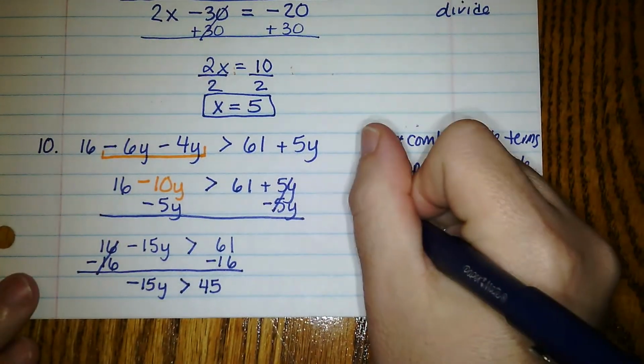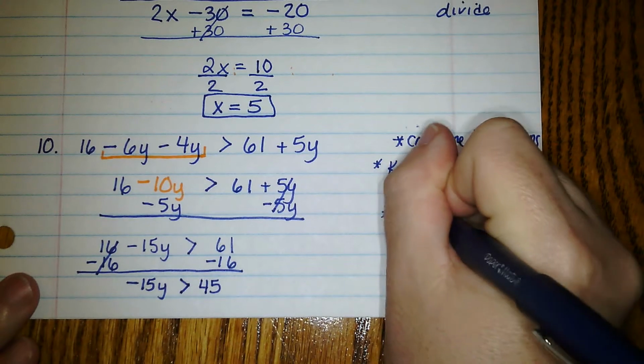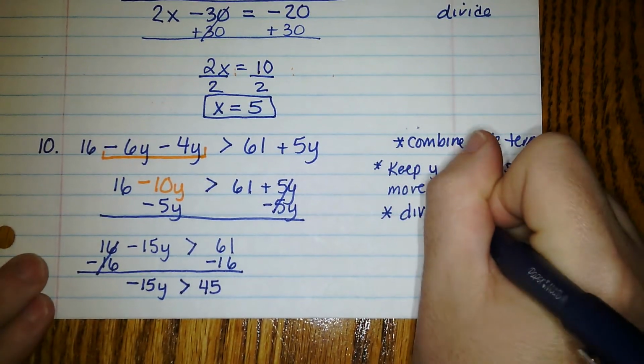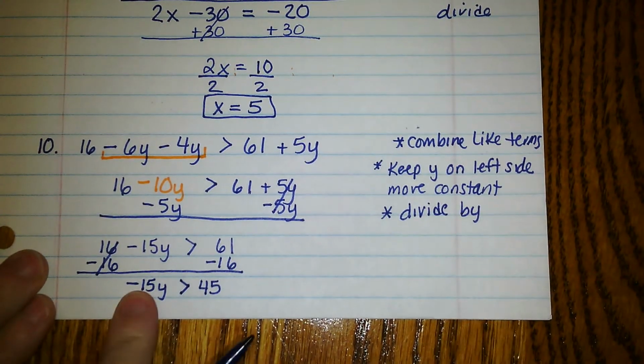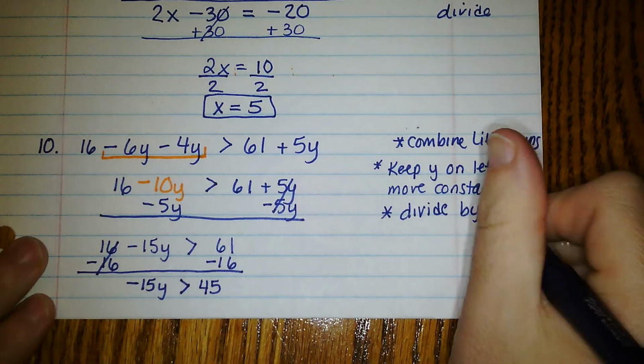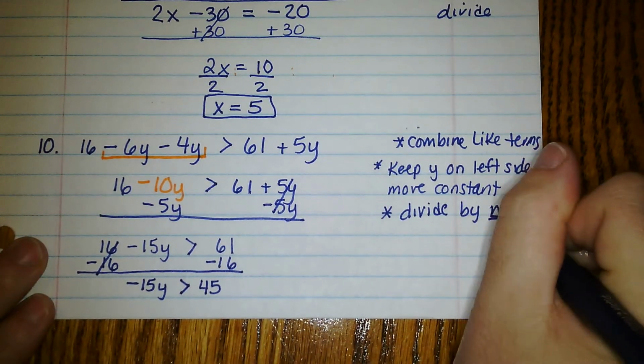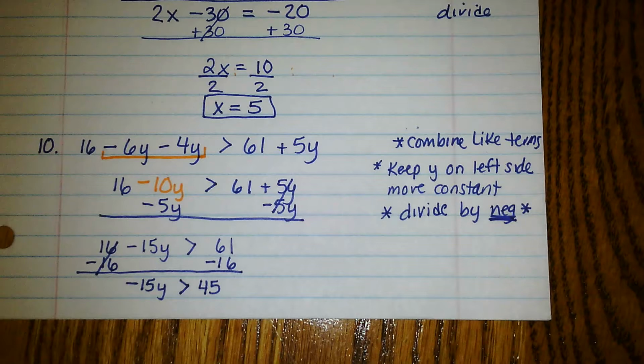Lastly, we have to divide. But we are dividing by a negative. So when you divide by a negative, you need to switch the symbol.